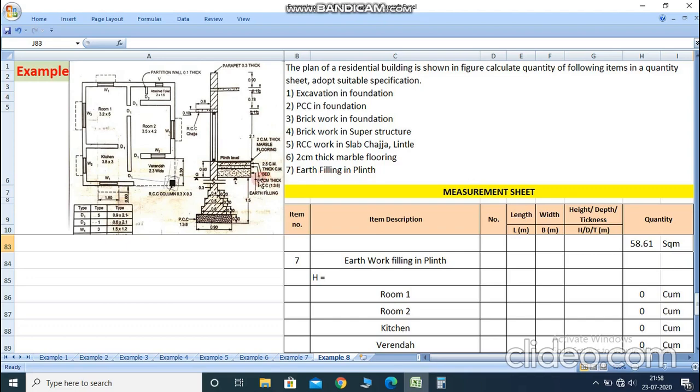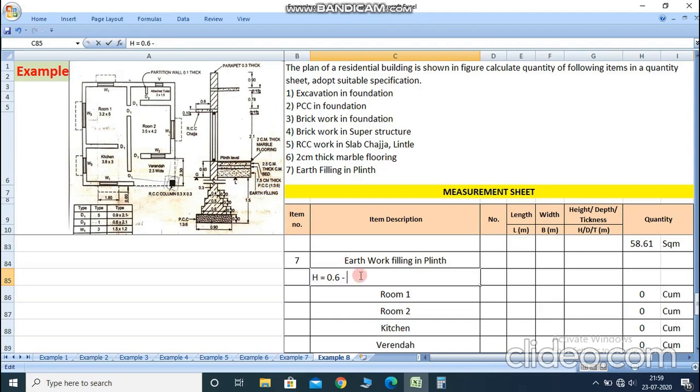So for earth filling in the plinth, first we calculate the height. The 0.6 value is given from the ground level to the plinth level, so 0.6 minus 2 centimeter thick marble flooring, so minus 2 centimeter, minus 7.5 centimeter thick PCC work is provided.